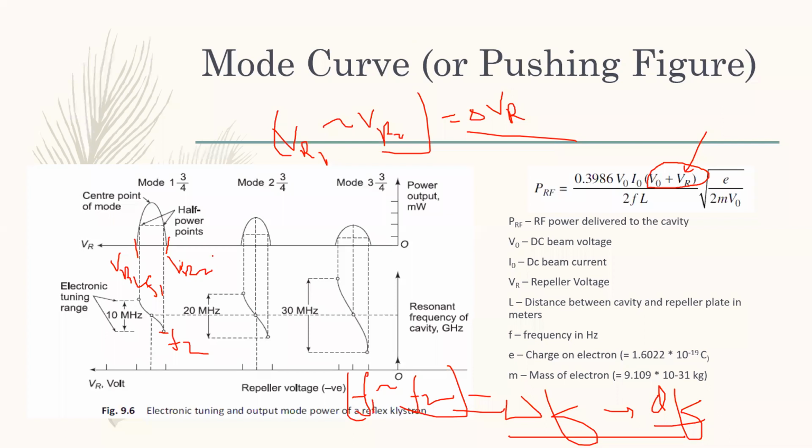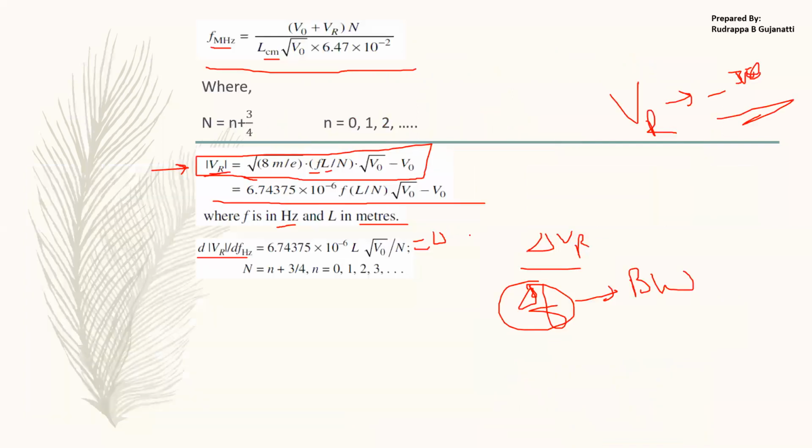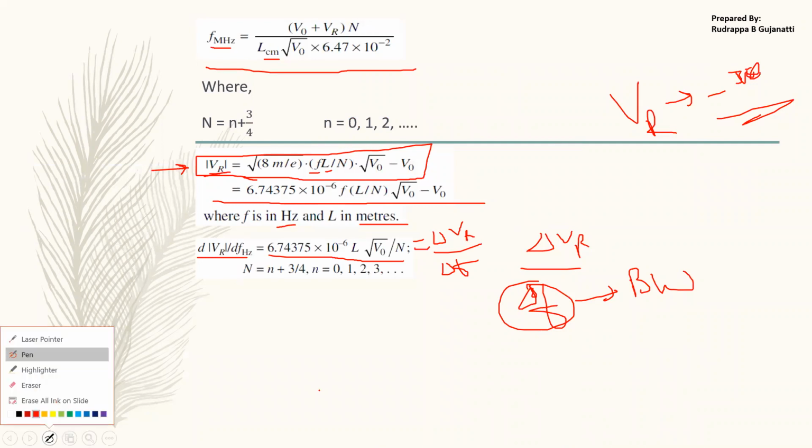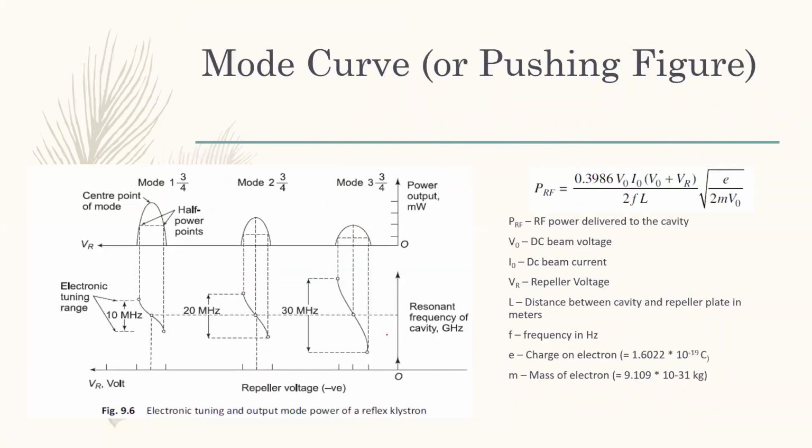That is what we are trying to estimate over here. So this is a small change in repeller voltage to small change in the frequency. How are they interrelated? They are interrelated by this equation. Please note down these equations, because we have to solve problems based on these.